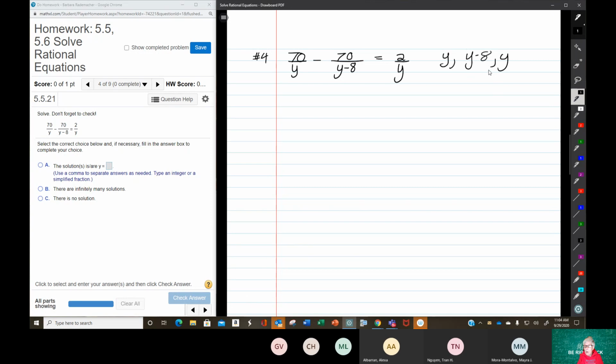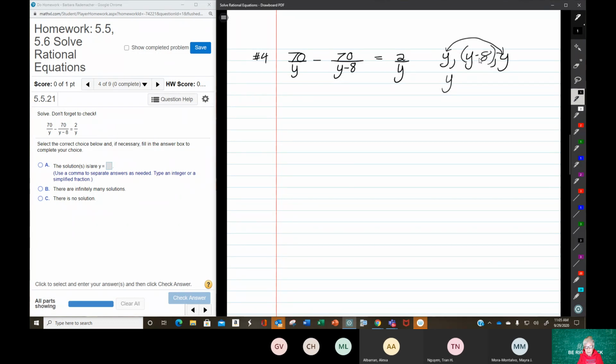Okay, now. The y's are factors of each other, so I only need to write that once. But neither of these y's alone is a factor of y minus 8. There's nothing you can multiply y by, no one thing, to get y minus 8. Besides this, there would have to be a y in each of these terms that could factor out before y all by itself could be a factor of that.